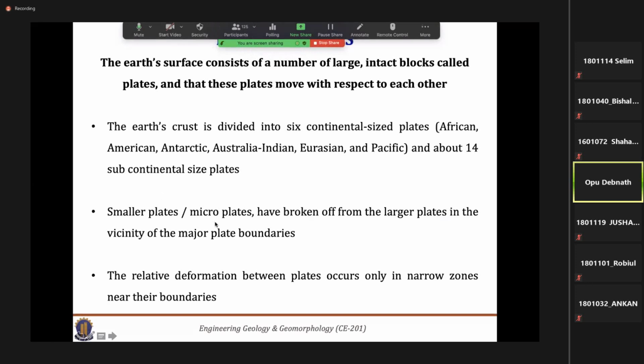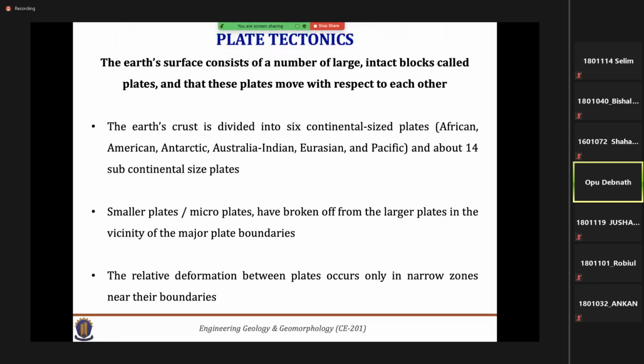The smaller plates or microplates are broken off from a large plate. That means due to geological changes, tectonic forces, etc., at the vicinity of the major plate boundaries, small plates are created, and thus the large plate is fragmented into small plates.